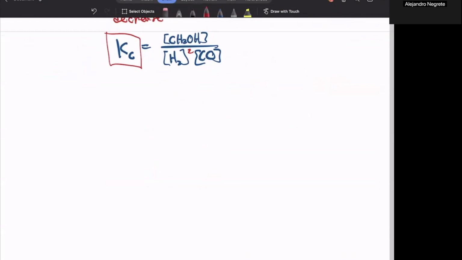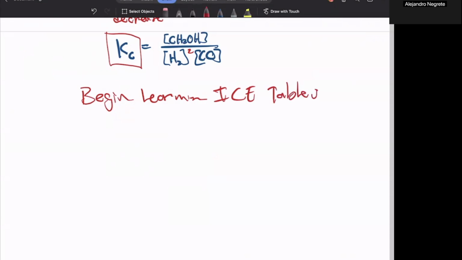Now, ice tables. This is where we're going to begin learning what we call ice tables. Get a good handle on them. There are different scenarios that we're going to be running through over the next 4 or 5 chapters, I believe.